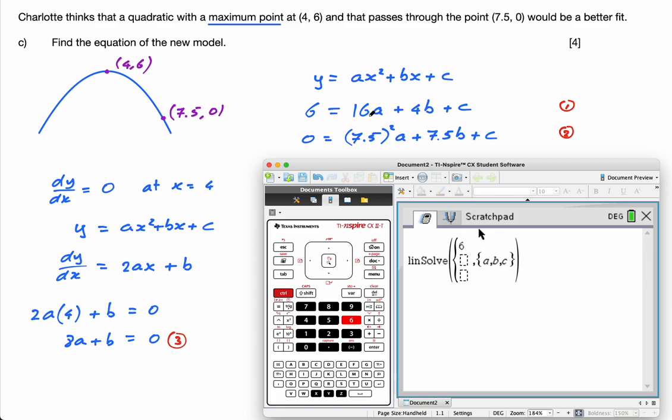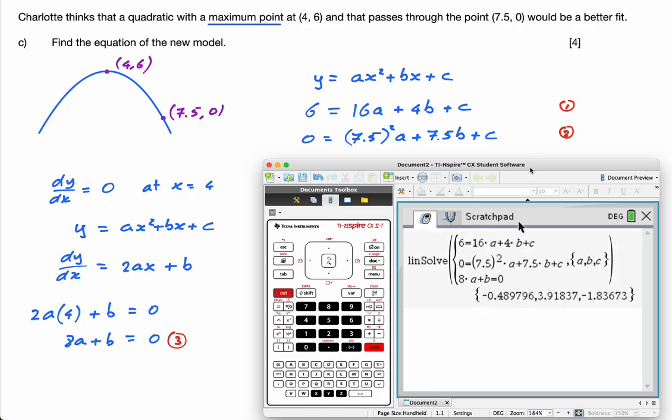So I can say 6 equals 16a plus 4b plus c. I can even write 0 equals 7.5 squared A plus 7.5 B plus C, and finally 8A plus B equals 0. Press enter, and he gives us these.